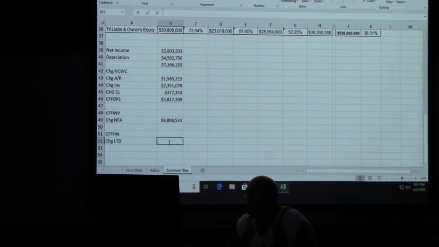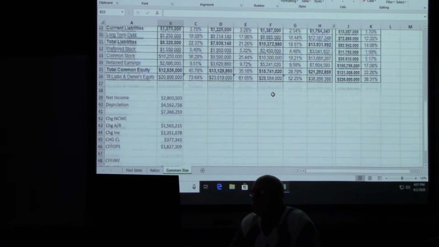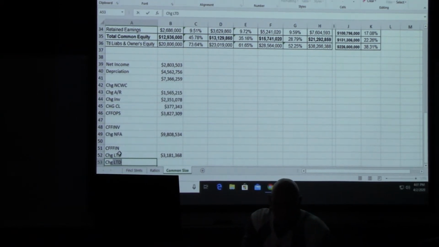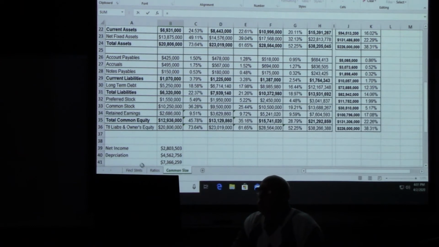And that's equal to that minus that. And change in contributed capital. And that's equal, and we didn't do anything there, I don't think, so that is equal to that minus that.